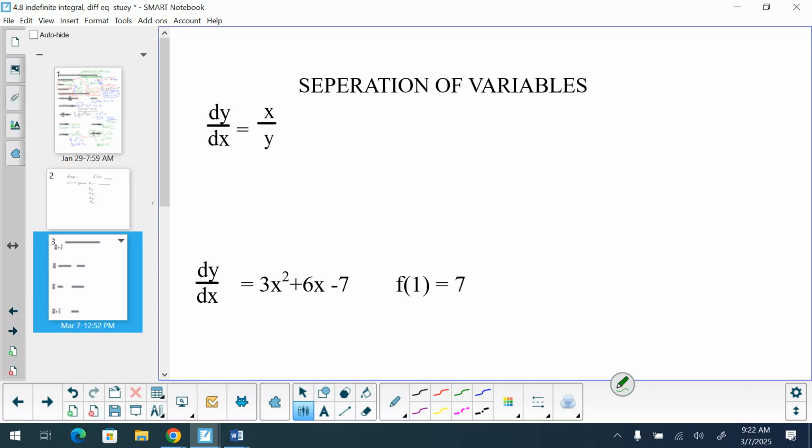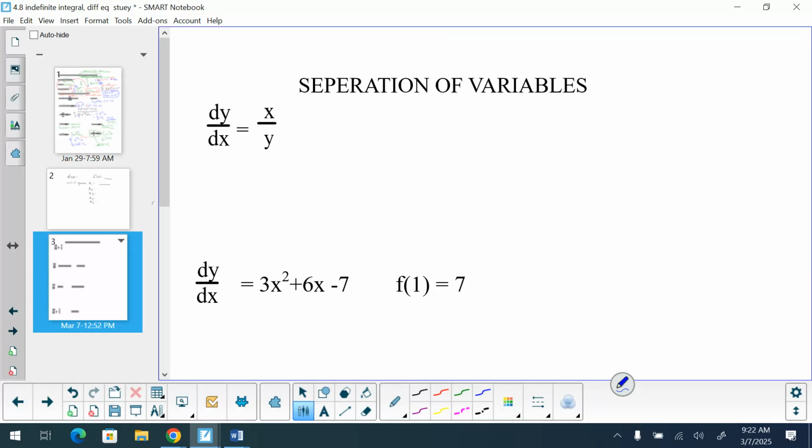If we look at the equation dy/dx is equal to x over y, we want to ultimately get back to y equals. What could y equal here? Well, we have a differential equal to two different variables. When we dealt with this in derivatives, it was sort of like implicit differentiation.